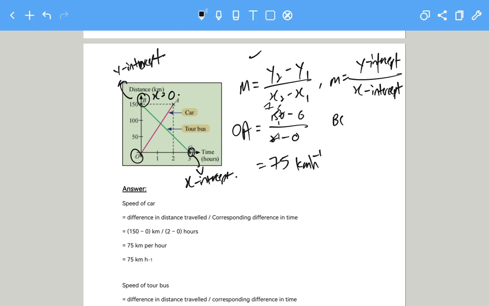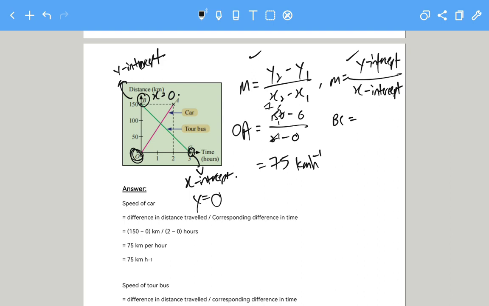Why do we know this is the x-intercept? Because y is equal to 0. So we just straight away use this formula, it's easier for us to find the gradient, right?